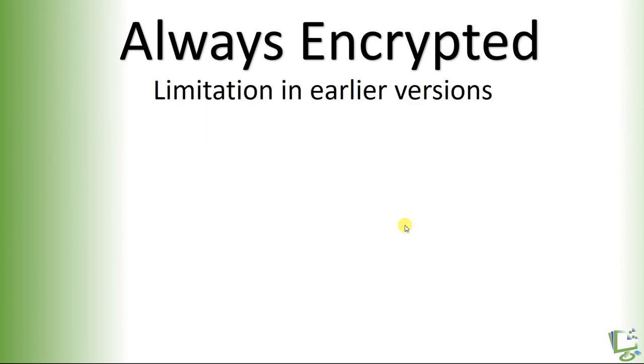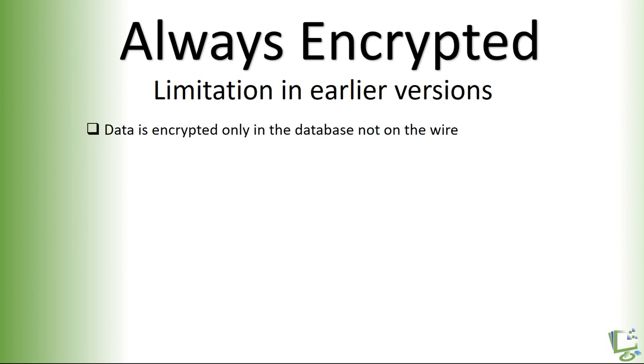So let's see what the limitations were in the earlier versions of SQL Server encryption. In the earlier versions, when we had column-based encryption, the data remained encrypted only on the SQL Server, but when we sent the data from the server to the client, the data did not remain encrypted.